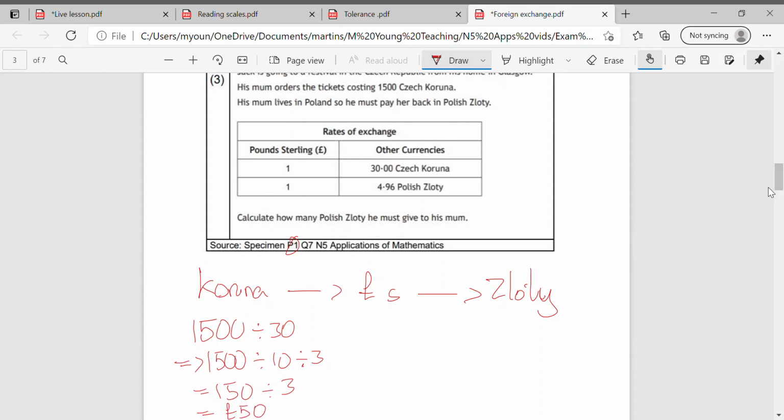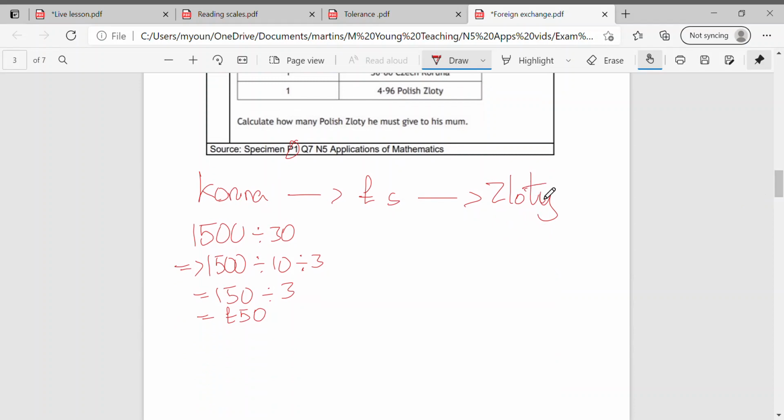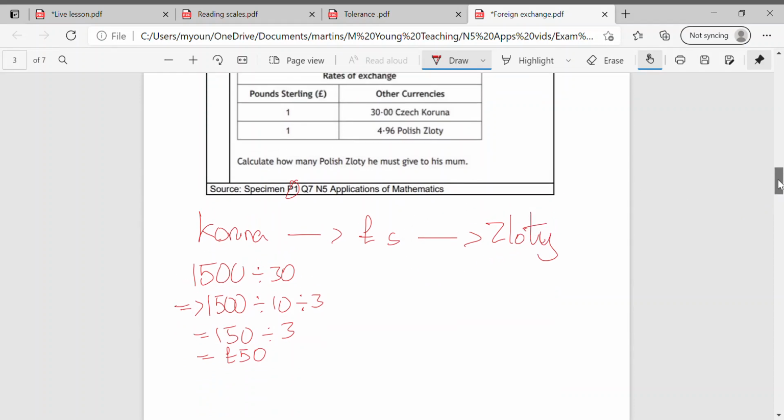So I've got £50, and now I want to go into zloty, and the exchange rate is 4.96, and I'm going from pounds into foreign, so I'm timesing. So I'm taking my 50, timesing by 4.96. Obviously that means 5 times 10 times 4.96. So times it by 10, and that's going to be 5 times 49.6, and then times that by 5.